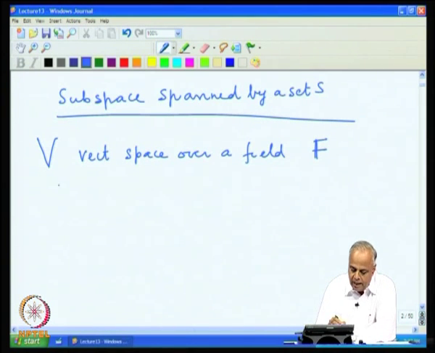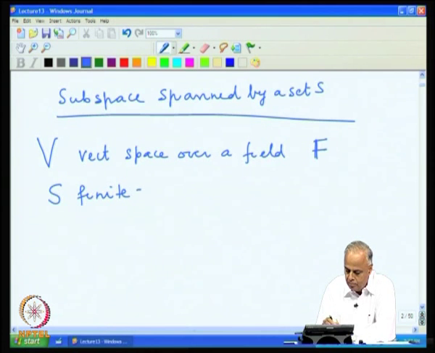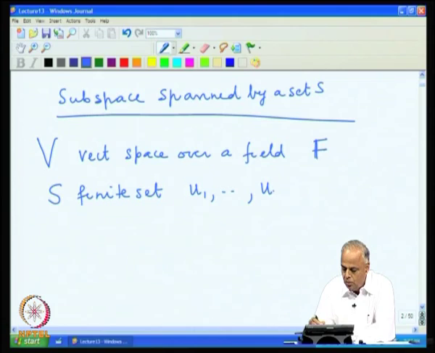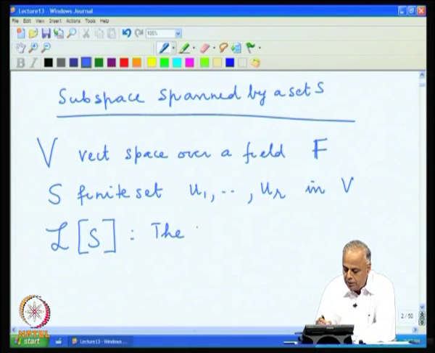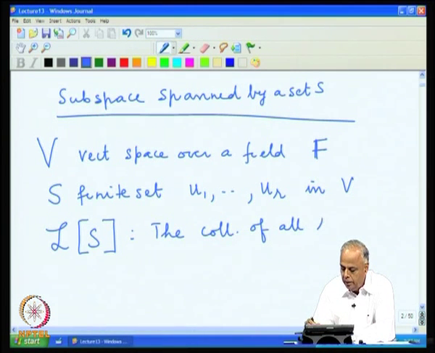Suppose we have a finite set S, u 1, u 2, up to u r in V. Then we defined the subspace spanned by S to be the collection of all linear combinations of S vectors.